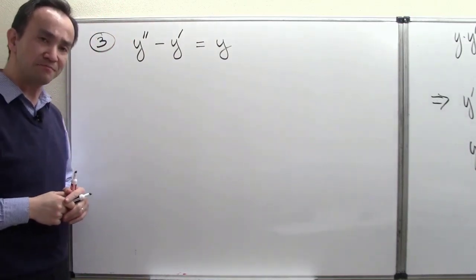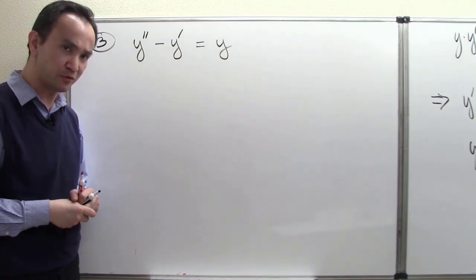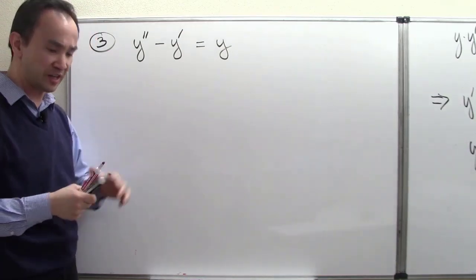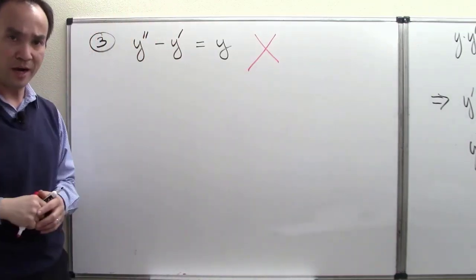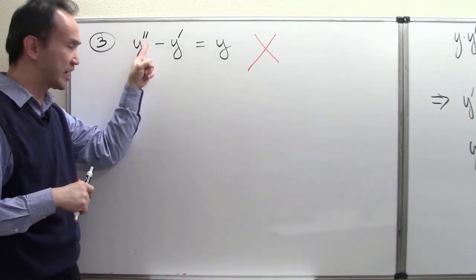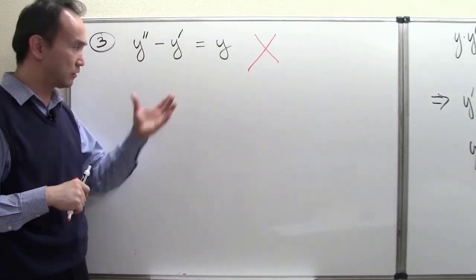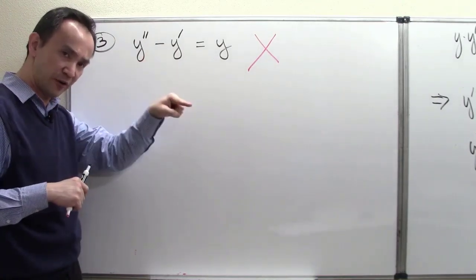The third differential equation on the list that was shown on our computer screen previously. This equation immediately fails being separable. Why is that? Because there is a double prime involved here. There is a second derivative involved here. And so this is precisely a second order differential equation.